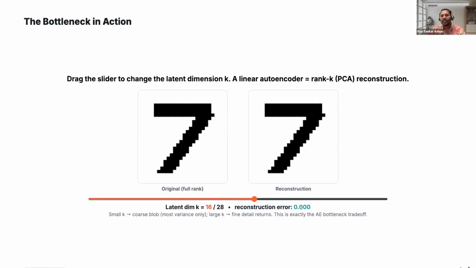So the key takeaway is that information is not spread evenly across all the dimensions. The first few components carry most of the information. In this particular case, even with k equal to 5, you were able to do a fairly reasonable reconstruction of the input image. That's the whole bottleneck trade-off, and it's the same principle that will let us compress embeddings and also run diffusion in the latent space.